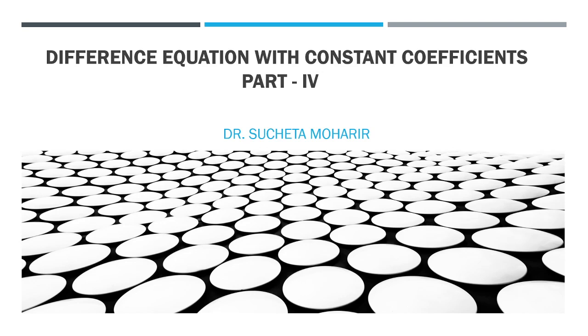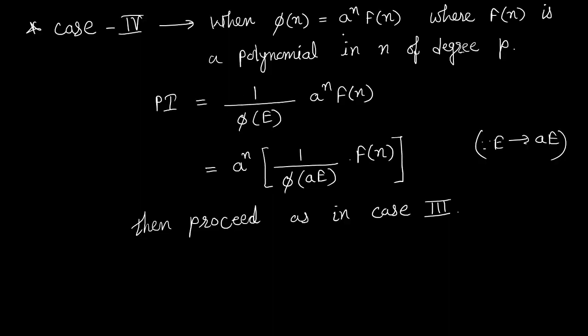Now, in this video, we are discussing particular integral case number 4, whenever the right hand side of the equation is a to the power n into f of n. That means the product of two functions of n. And here f of n is a polynomial in terms of n of degree p.